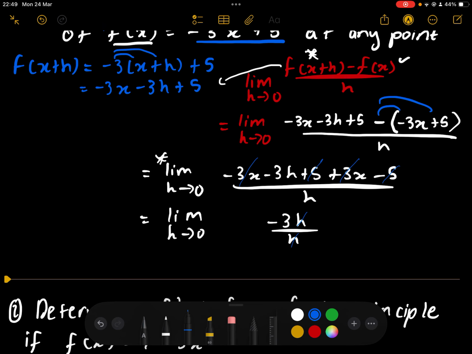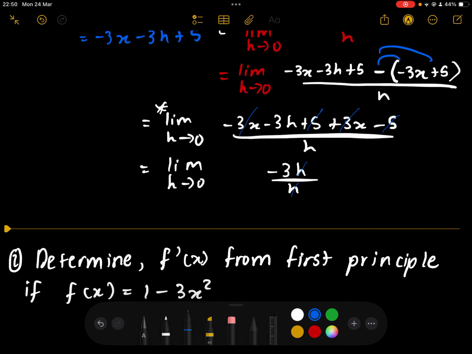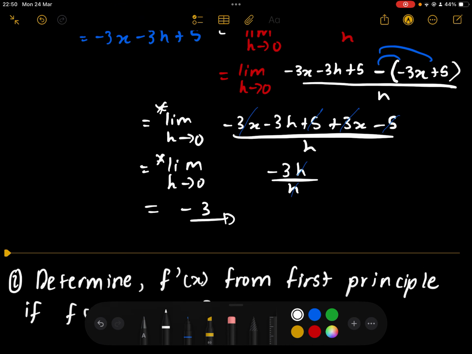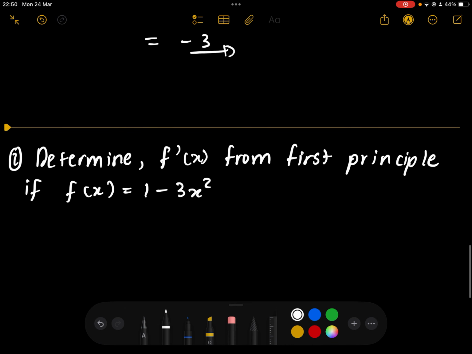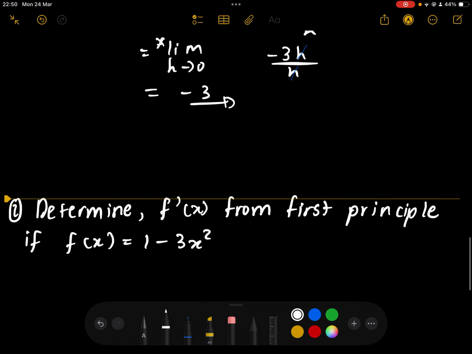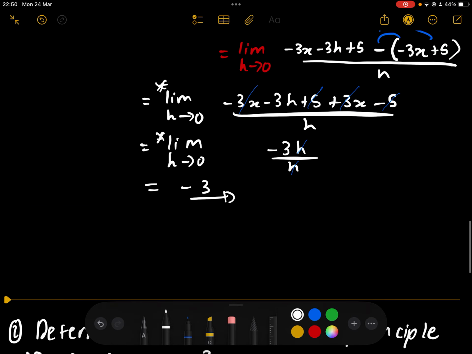If the h cancels the h, there's no use of us keeping the limit h tends to 0, because now the limit will be negative 3, and we do not have to use the h. The answer we just got it. The limit is going to be negative 3. So it was kind of easy. The limit is going to be negative 3.